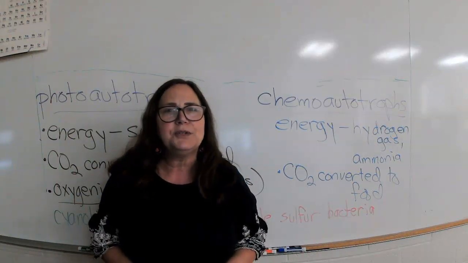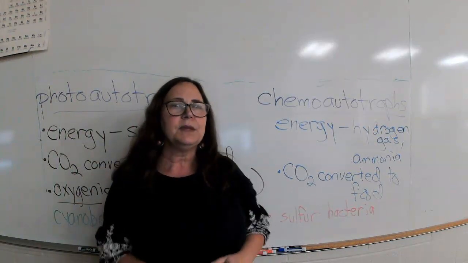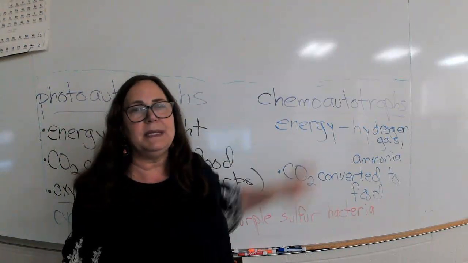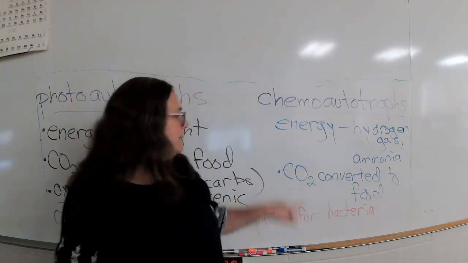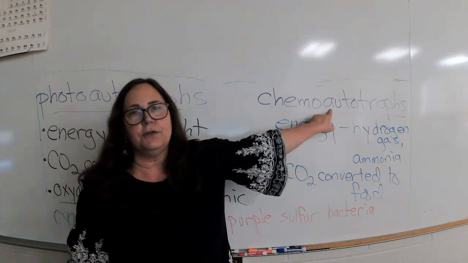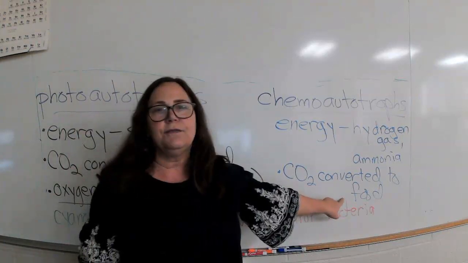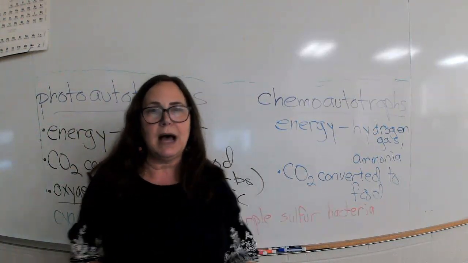Another one is hydrogen sulfide. So these are chemicals that they get their energy from instead of sunlight, but they still are autotrophs, and that means that they convert carbon dioxide into food in the form of carbohydrates.